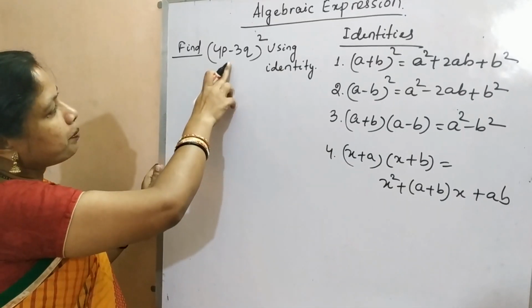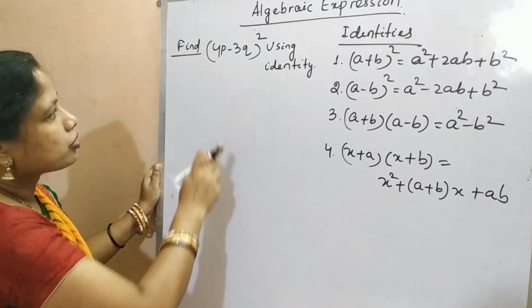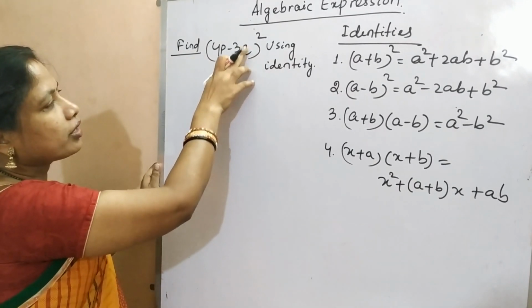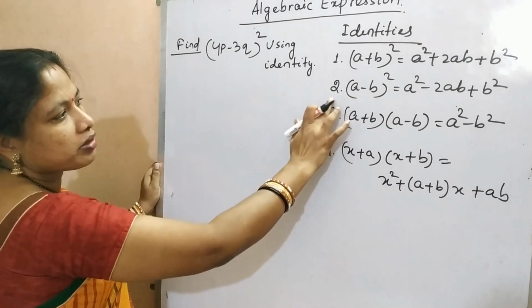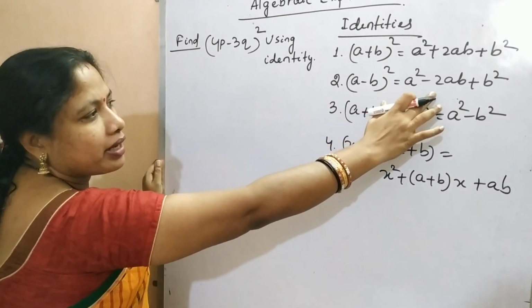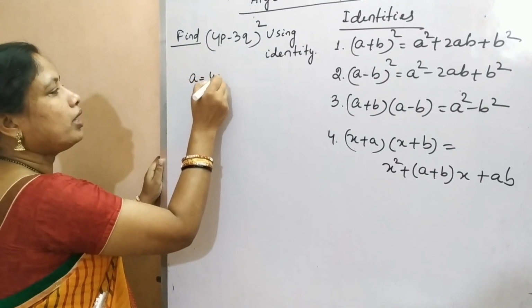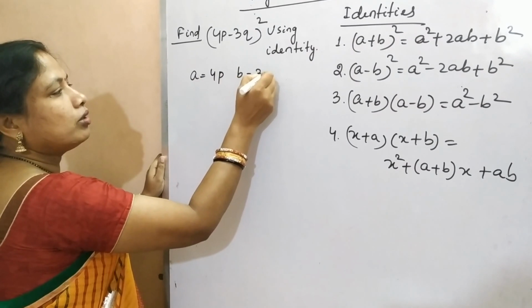Find (4p - 3q) whole square using identity. So here (4p - 3q) whole square is in the form of our second identity, (a - b) whole square is equal to a square minus 2ab plus b square. So here a is equal to 4p and b is equal to 3q.